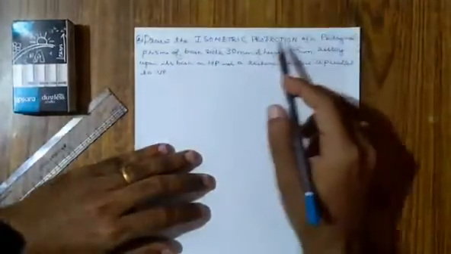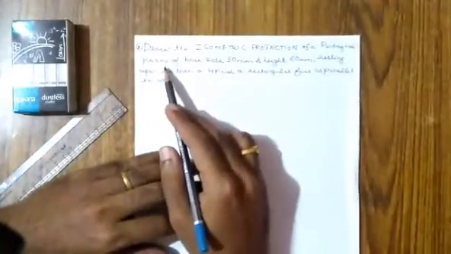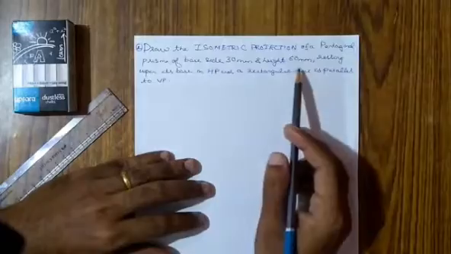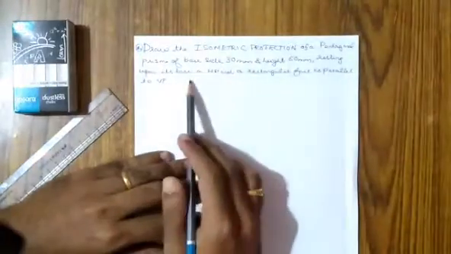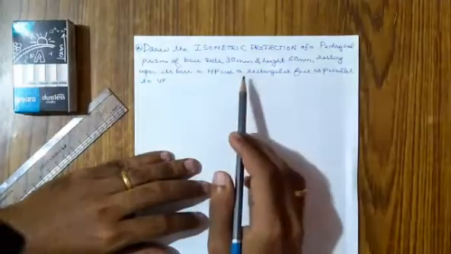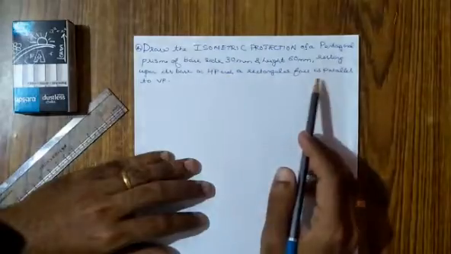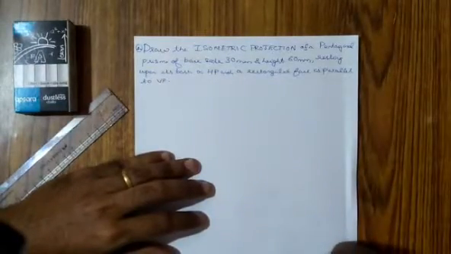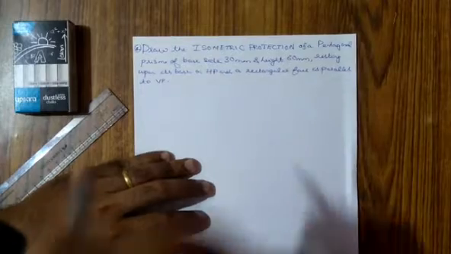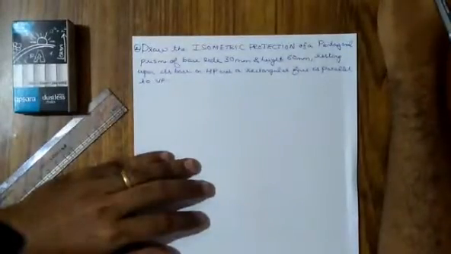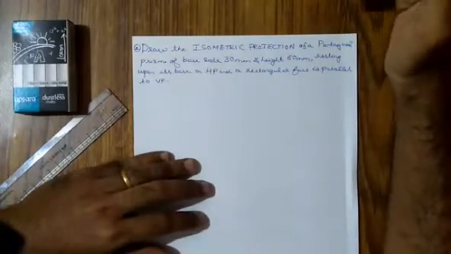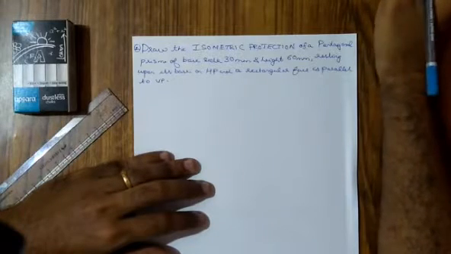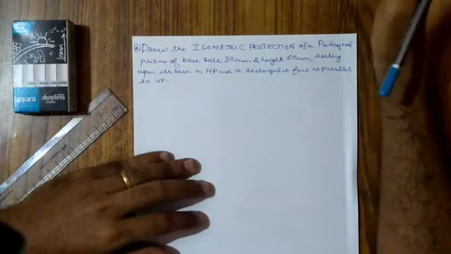Draw the isometric projection of a pentagonal prism of base side 30 mm and height 60 mm, resting on its base on HP, and one of the rectangular faces is parallel to VP. As we know, a pentagonal prism will have two pentagonal faces, the bases, whereas the lateral faces will be 5 rectangular faces.